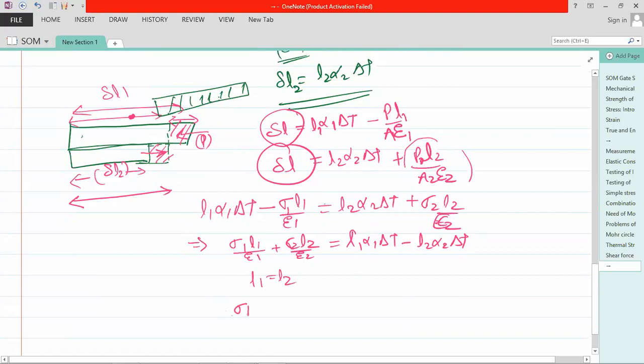That means sigma 1 by E1 plus sigma 2 by E2 is equal to alpha 1 delta T minus alpha 2 delta T, that is delta T times (alpha 1 minus alpha 2). So I hope you get it.